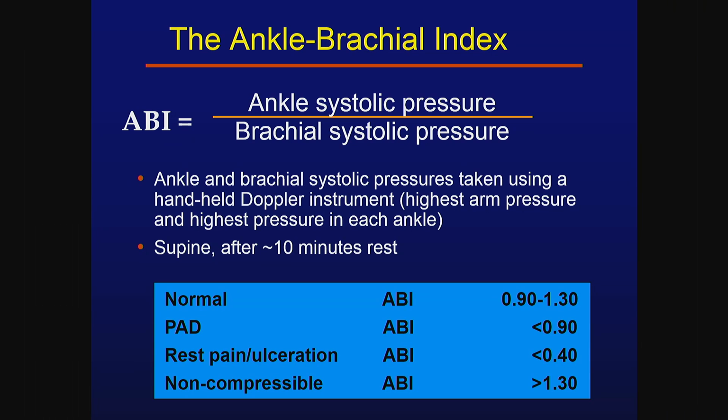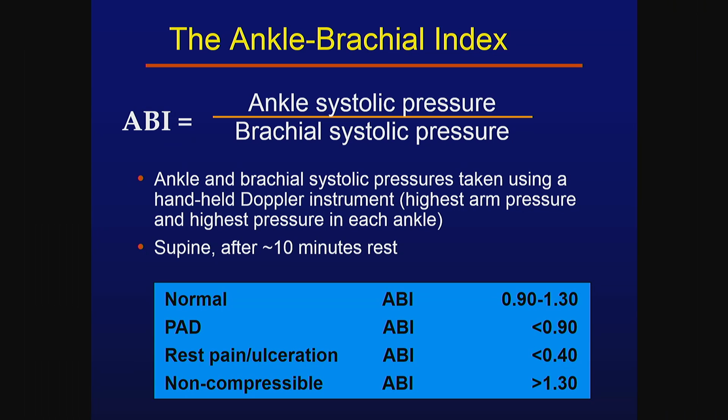A moderately abnormal ankle brachial index is between 0.9 and 0.6, and severely abnormal ABI is ABI below 0.5, with the likelihood of rest pain, ulceration, and critical limb ischemia increasing when the ABI is 0.4.